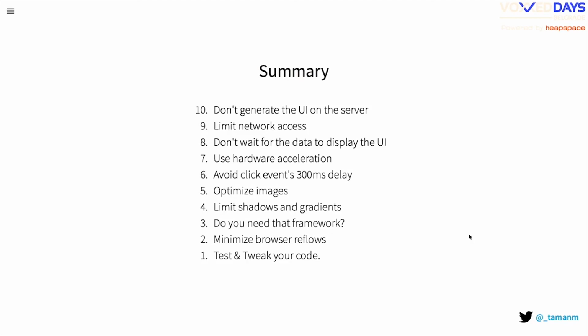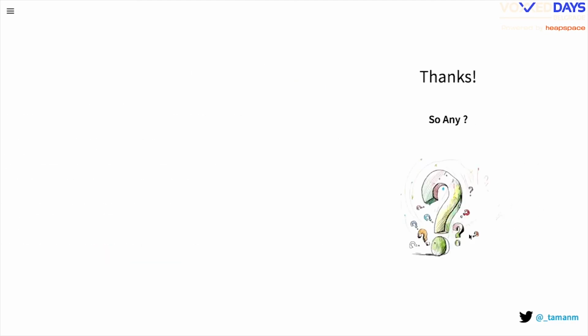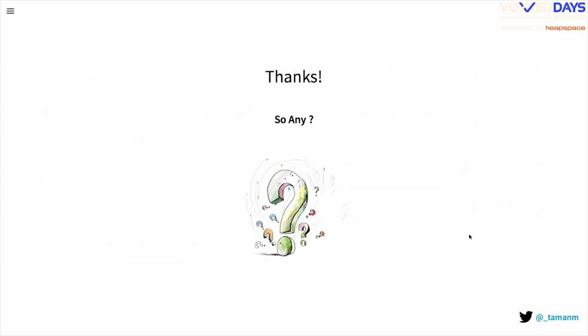Optimize your images, scaling down to the right sizes. Use spreadsheets. Limit shadows and gradients, which harm the reflow. Consider any framework you're using. At the same time, minimize browser reflow, and test and tweak your code. So that's all about the top 10 performance keys I have to tell you about.